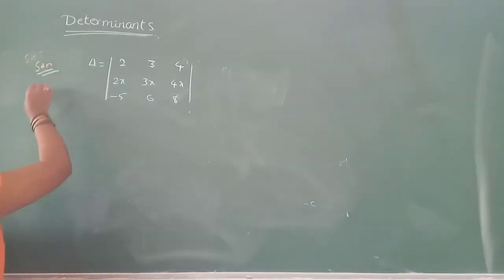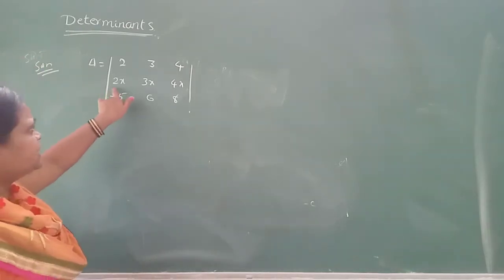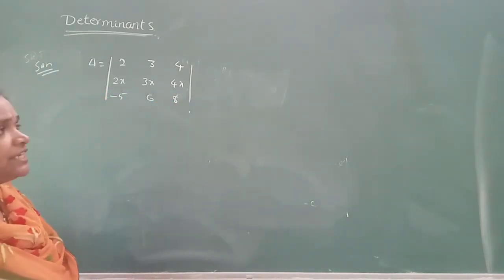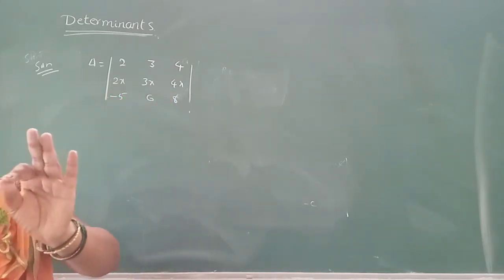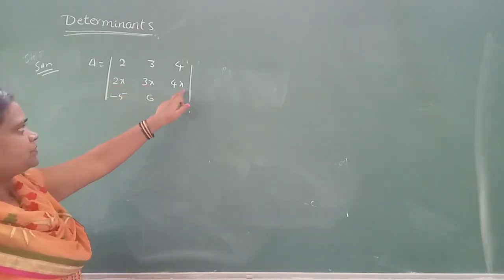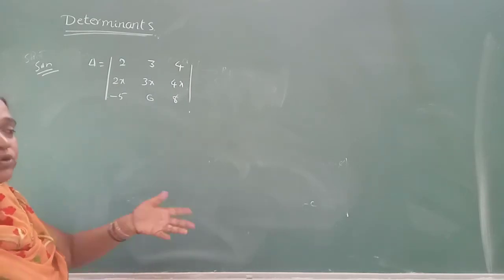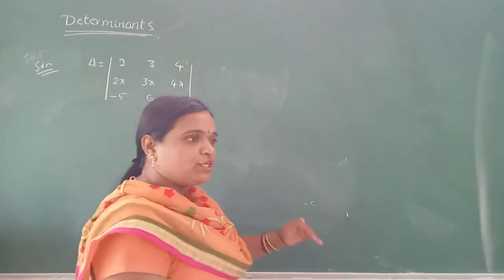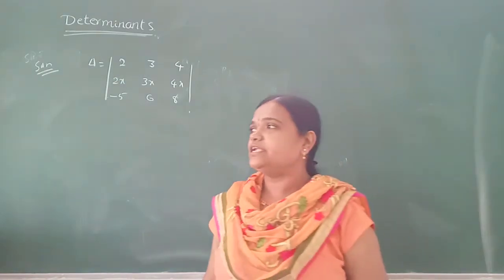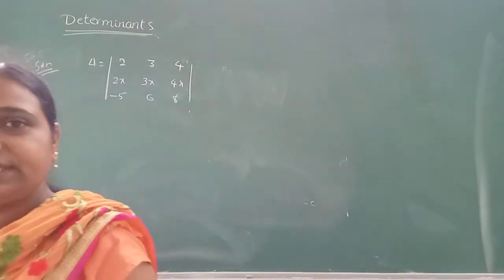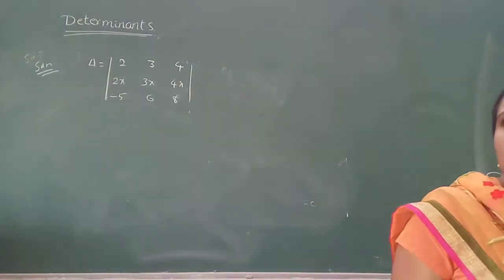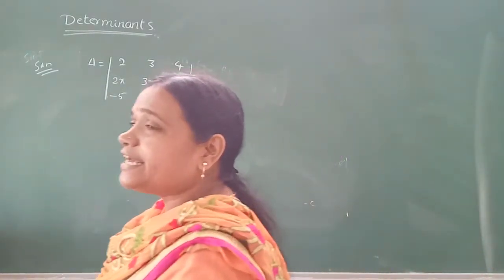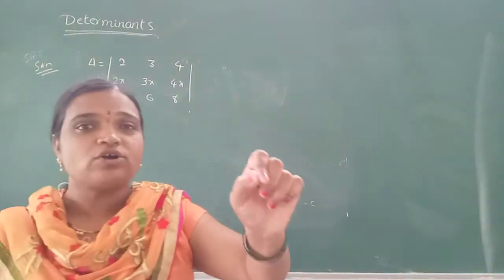Just listen. In the second row, each and every element is multiplied by the same variable. We know the property: if any row or column is multiplied by some constant k, then the whole determinant is multiplied by that constant k.